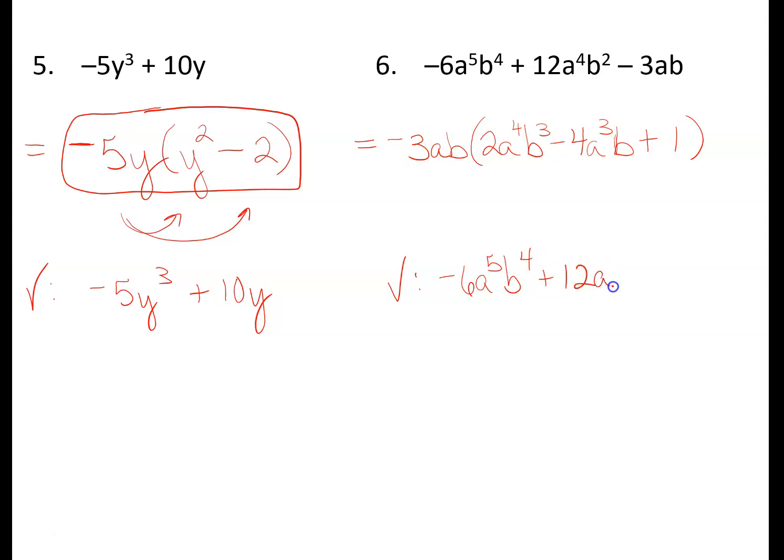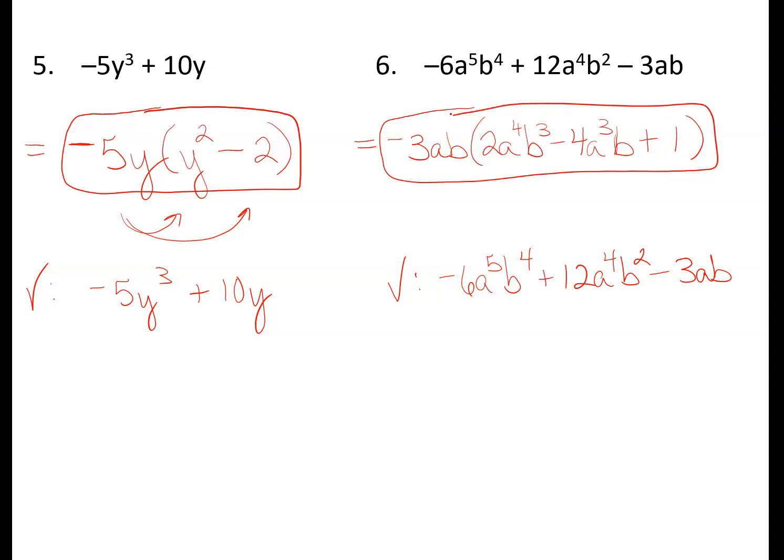A times a cubed, a to the 4th, b times b. And that term is the same. Now look at this last one. If I take a negative 3ab times a positive 1, it is negative 3ab, which is what my third term was. So that's good. It means this is correct.